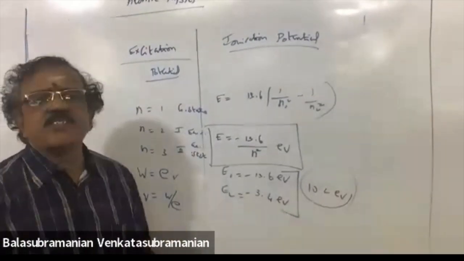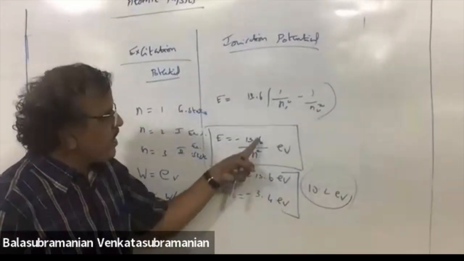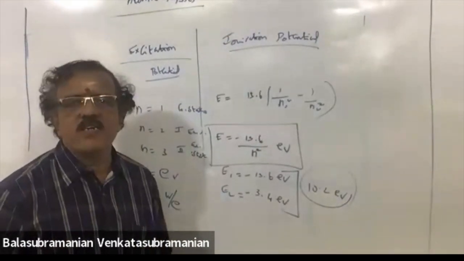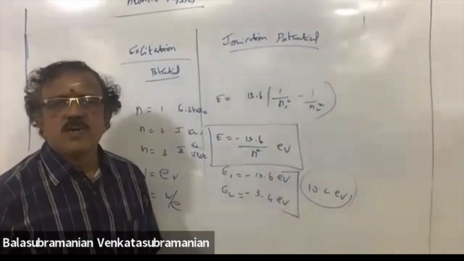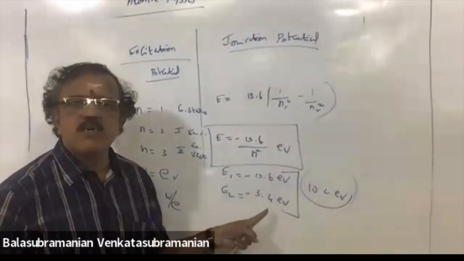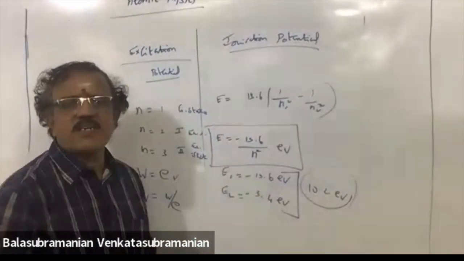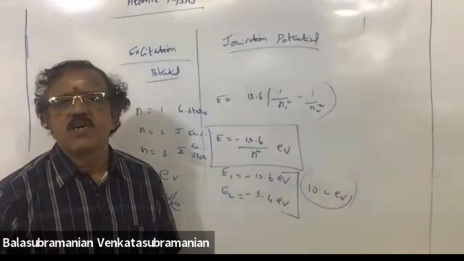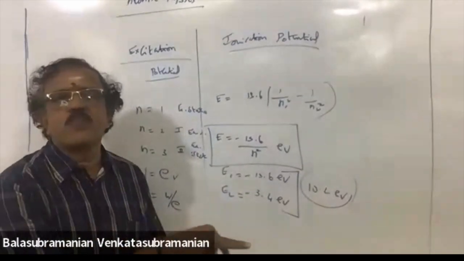Sir, next, the second excitation, how to calculate? Minus 13.6 by 3 square, 9, that is minus 1.51 electron volt. Subtract it from minus 13.6, you get 12.09 electron volt, the second excitation energy.